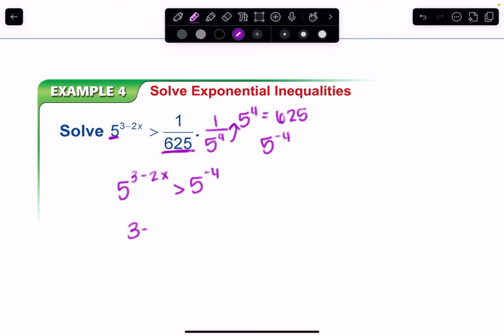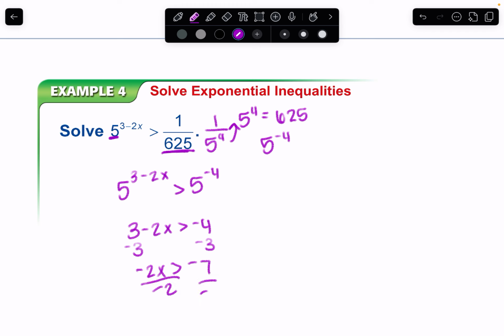So I'm just going to end up with the problem that is within the exponents. So I would end up with 3 minus 2x is greater than negative 4. Then I'm just solving like I would for a normal equation. So I'm going to subtract the 3 from both sides. So now I have negative 2x is greater than negative 7.